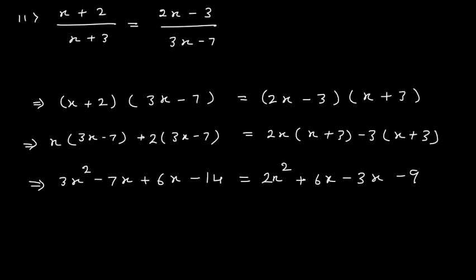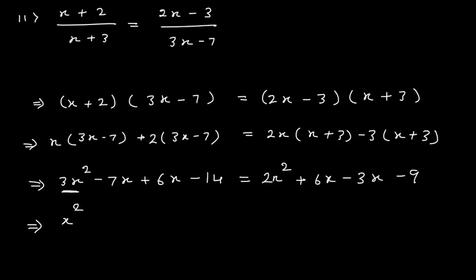Now everything I will bring on the left hand side. So this 3x square and this 2x square, when it comes on the left hand side, it will subtract. So we have 3x square minus 2x square is x square. Here it is minus 7x plus 6x, so this gives me minus x. Here it is 6x minus 3x, so 3x.